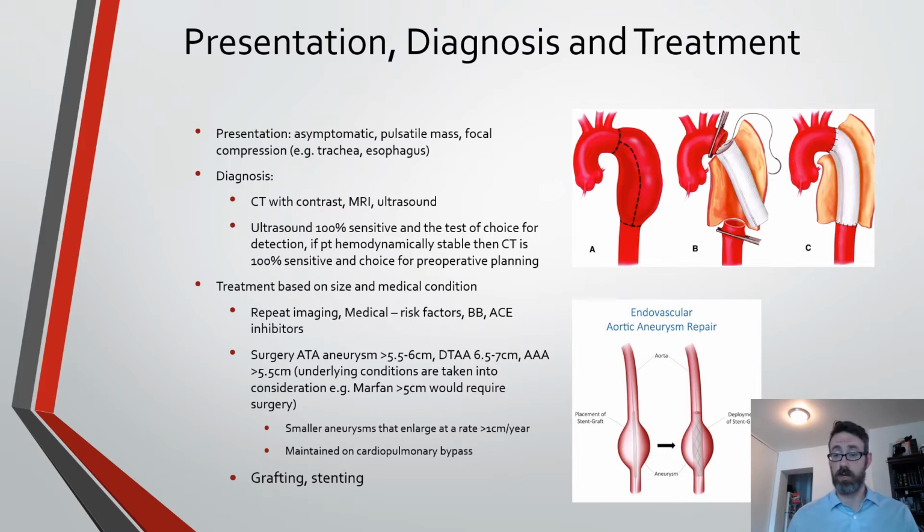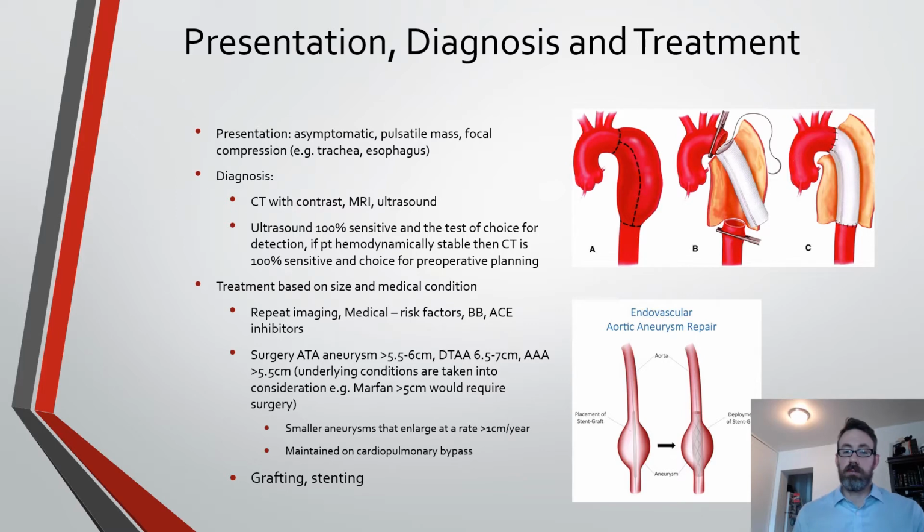If the patient's hemodynamically stable, you can do the CT, which is also very sensitive and even better for preoperative planning. You get better imaging quality and more specifics about how big it is, and that helps with operative planning.